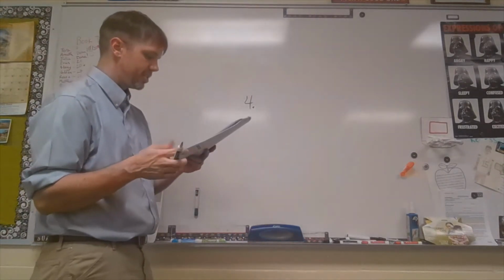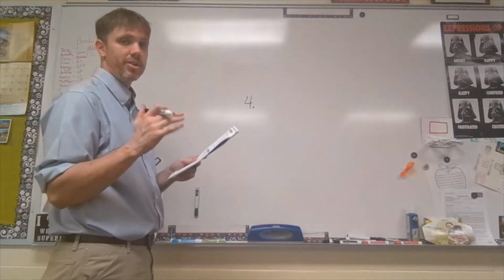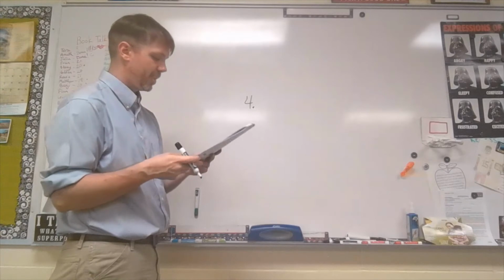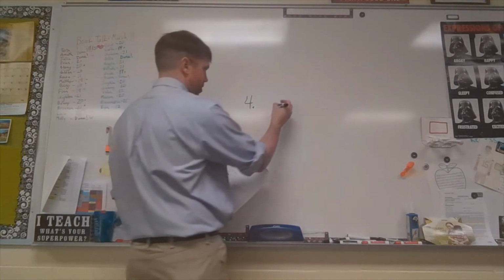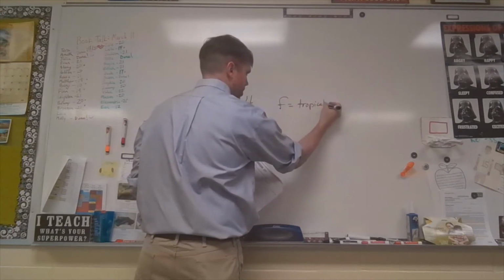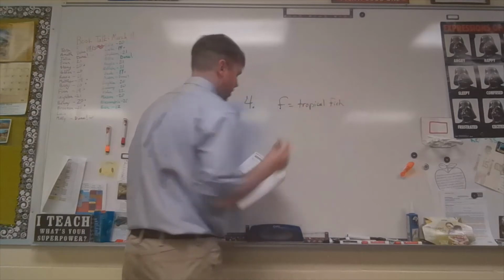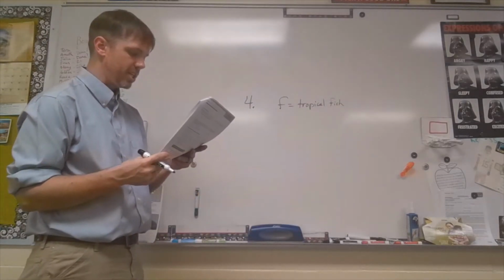The instructions say, write an expression. So an expression is just a math problem. Zeke has some tropical fish, F. So F is equal to the tropical fish. Dean gave Zeke 5 new fish. How many fish does Zeke have now?